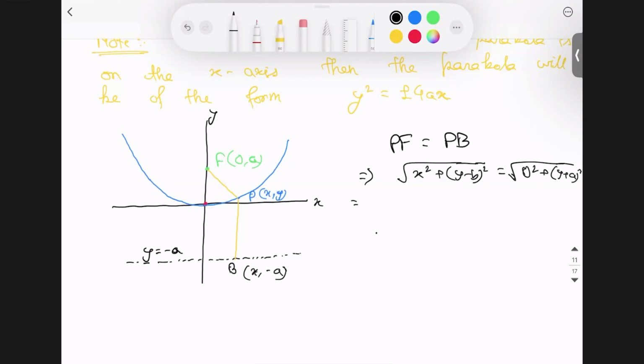So this will imply that the whole square equals y plus a.